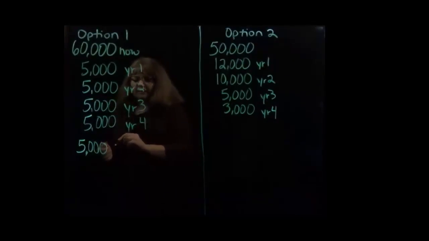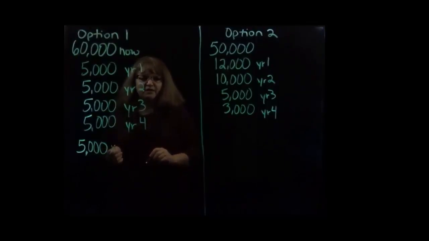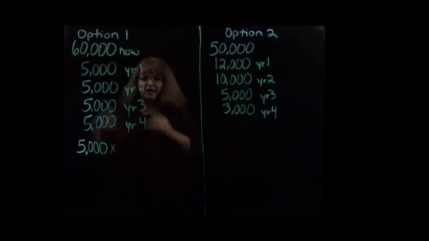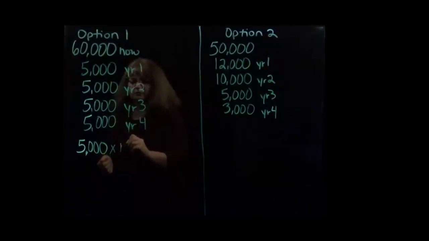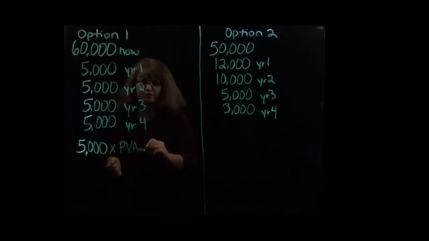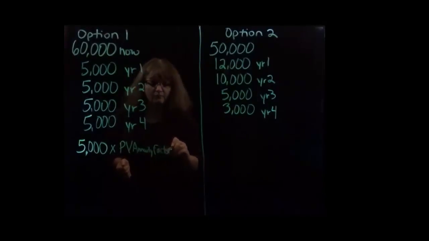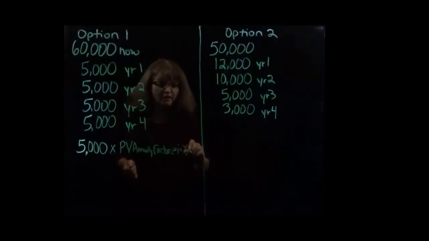And so we're going to find the present value factor of this annuity given an interest rate of 7% and a time period of 4. So we're getting the present value of an annuity factor at I equals 7 and n equals 4.